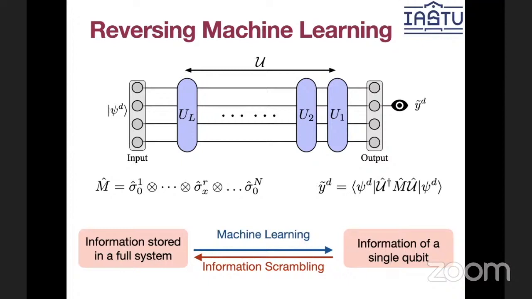So from the right to the left side is an information scrambling process. And now here we build the connection between machine learning and information scrambling.